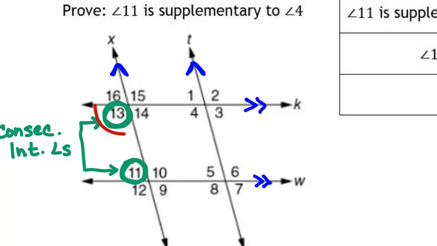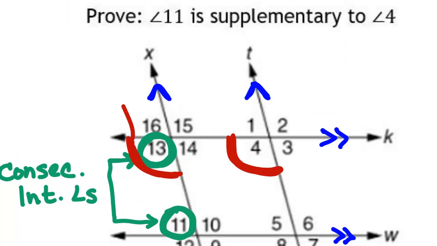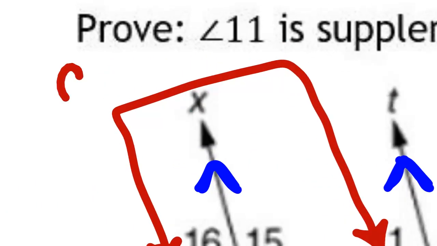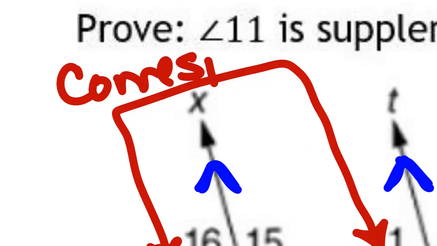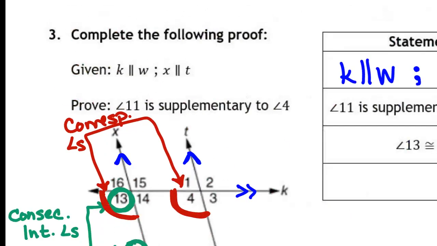Well, then we have angle 13 is congruent to angle 14. What's the transversal that's connecting 13 and 14 together? Transversal is K. These are corresponding angles. And corresponding angles are congruent or supplementary?